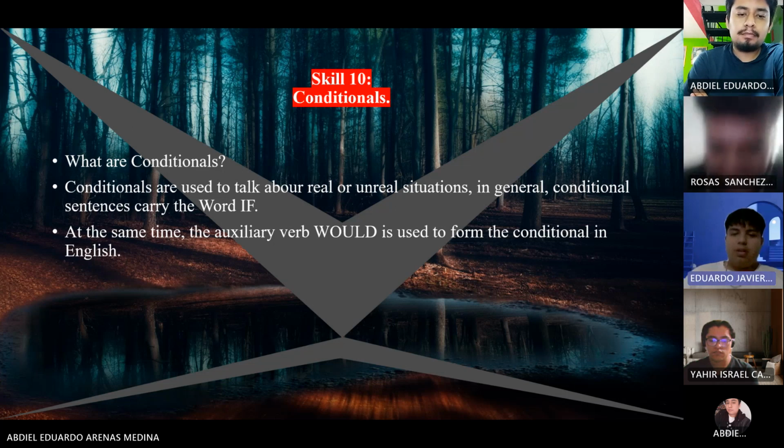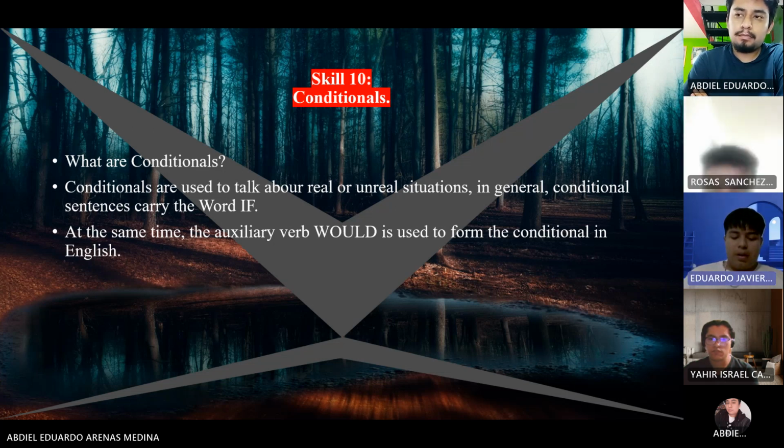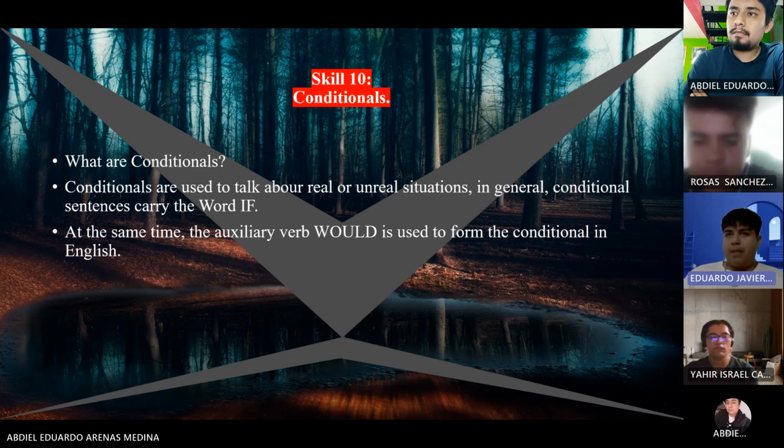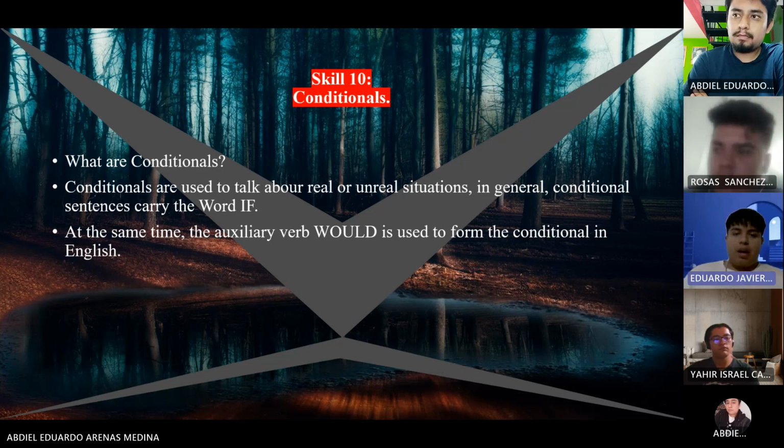For example, if I have time, I'll finish the letter. For example, if I do my exposition, I will be fine. For example, the next, please.